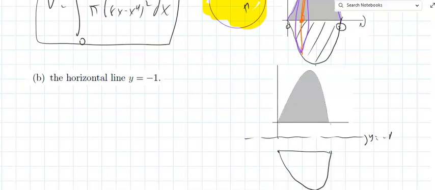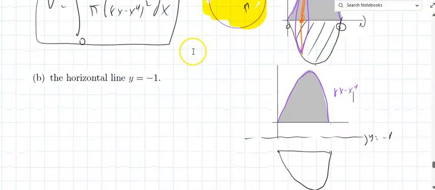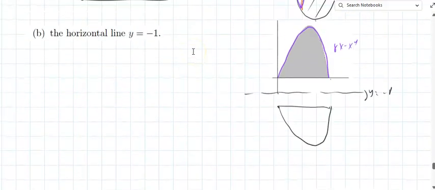Now, that is 8x minus x to the 4th. As this rotates, if I pick my rectangle perpendicular to the axis of rotation, now I notice I have what's known as a washer.